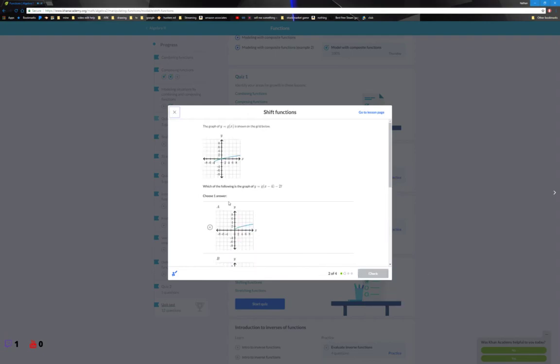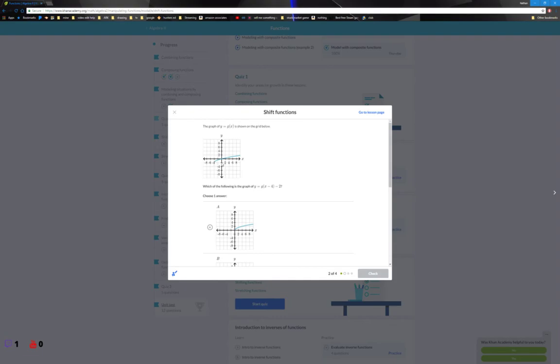And we'll keep going. The graph of g of x is shown on the grid below. Which of the following is the graph of g of x minus 4 minus 2? So for the horizontal shift, we'll take the negative 4, and we want to actually take a positive 4 horizontal shift because we're supposed to subtract the shift.